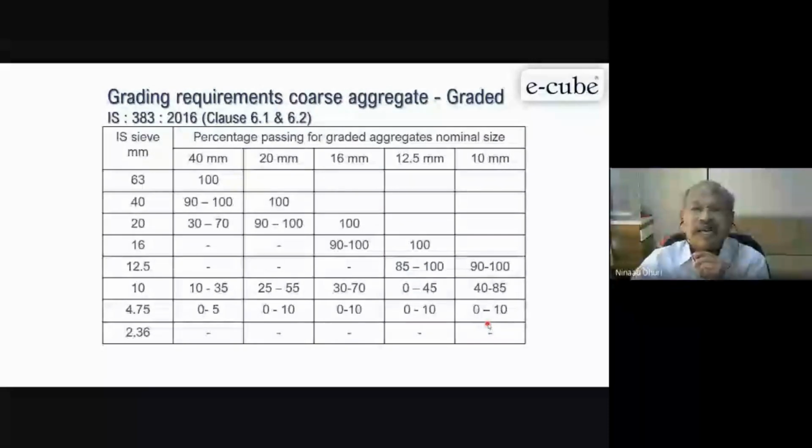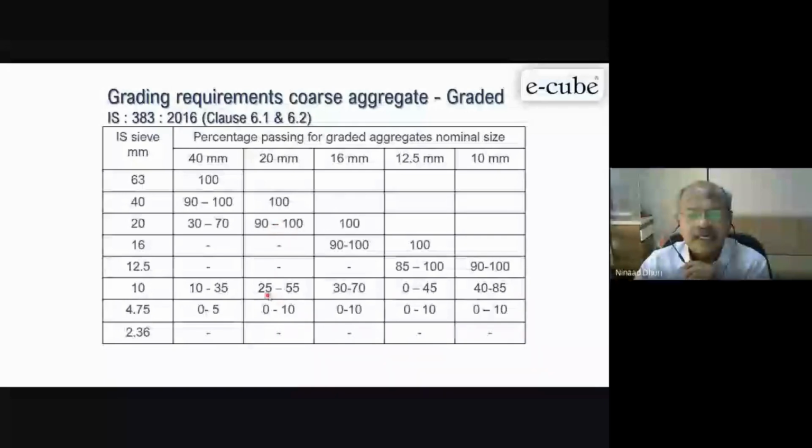And this is for graded aggregate. Graded in the sense you take 10 mm and 20 mm, and combine in such a manner that you always get it in this range. So here is 10%. See, the most commonly used aggregates are 10 mm and 20 mm.